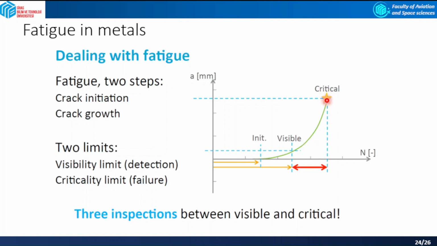So to prevent such failures, frequent inspections of components are necessary, and when a crack is detected, the components must be repaired promptly. In an ideal scenario, cracked components are inspected multiple times before the crack reaches critical dimensions. This allows for timely repairs and prevents catastrophic failures, as you saw in the example of the Comets.